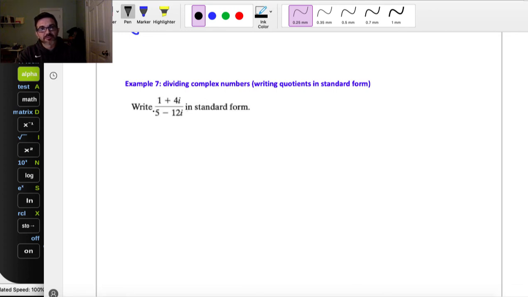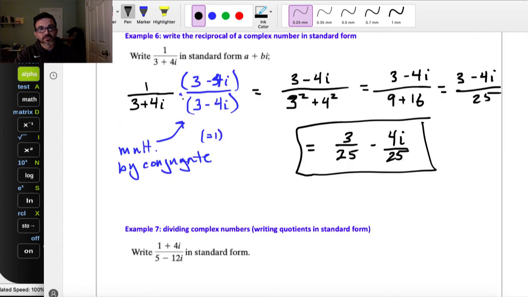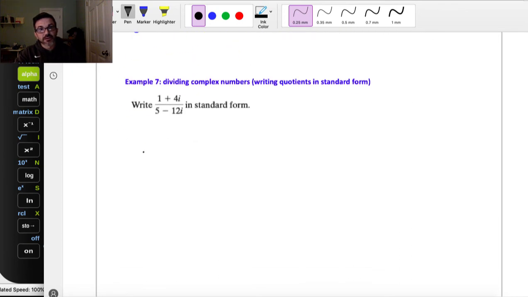We want to get rid of this denominator here, get this complex number out of the bottom. And so I'm going to multiply by the conjugate of the denominator. Up here, we didn't really make a big deal about that, but it is just multiplying by the conjugate of the denominator.